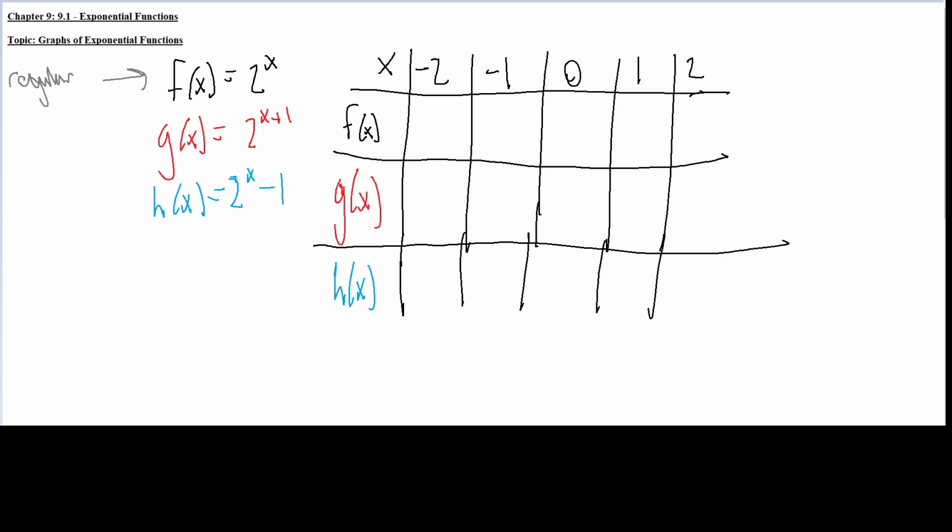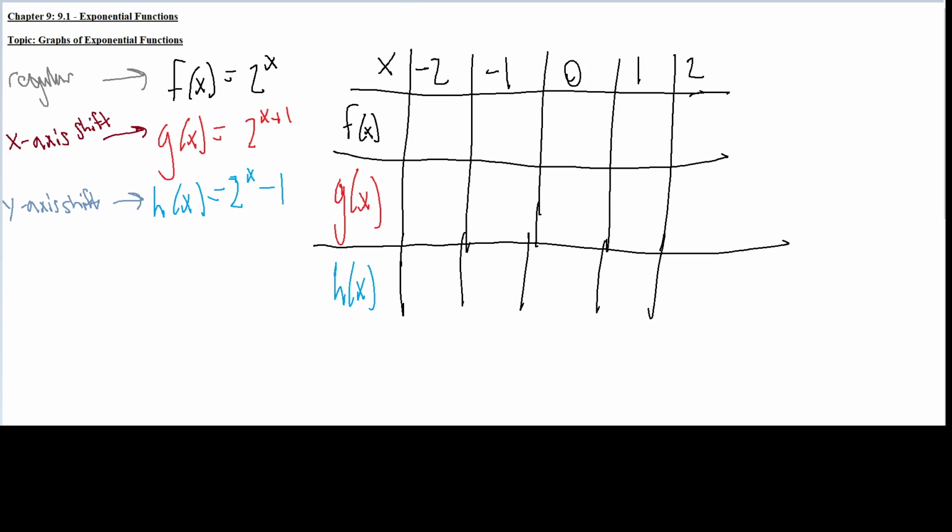But g of x, if you notice that the exponent is being added by 1, that's an x-axis shift. And then our h of x, which has the entire output being decreased by 1, is a y-axis shift.